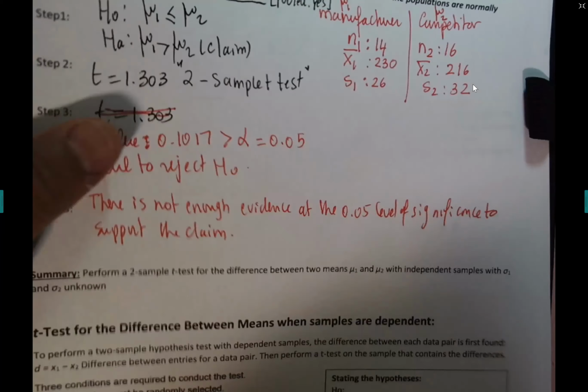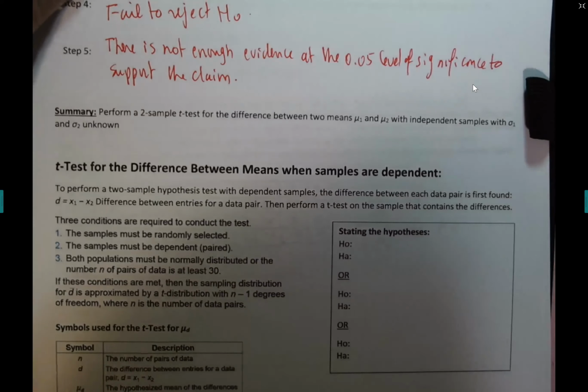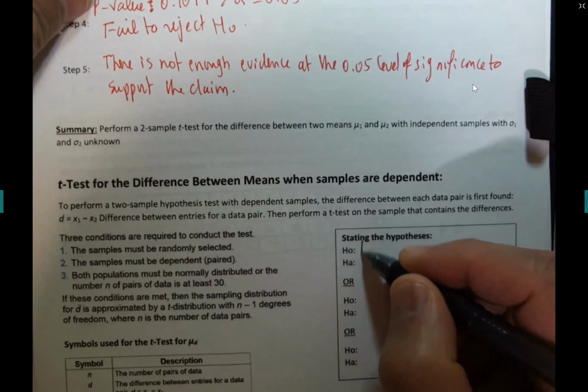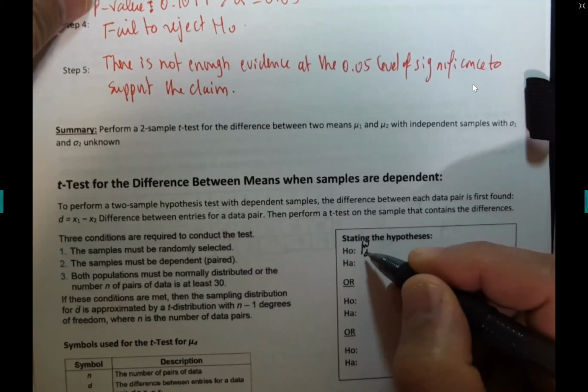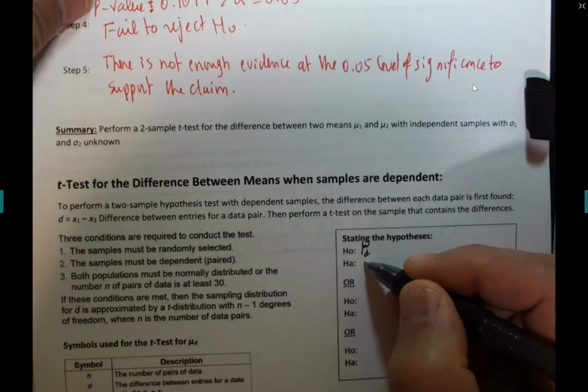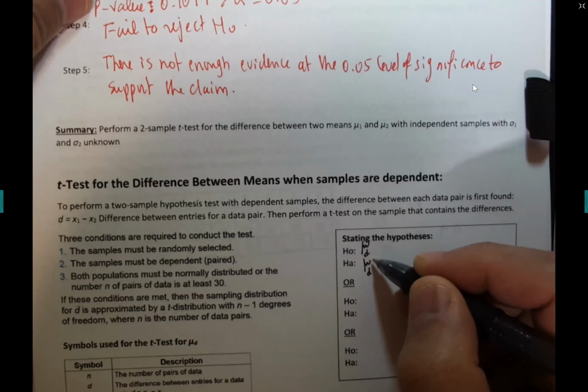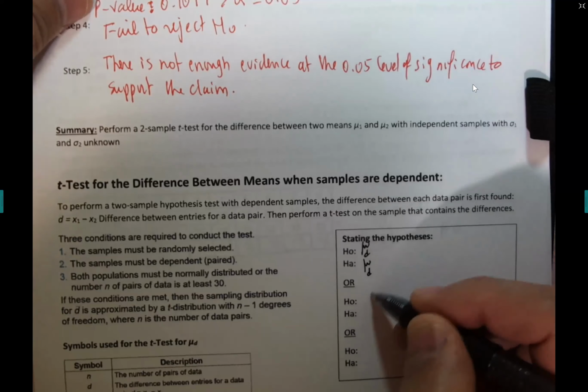And here is how we state the claims. There are three sets of claims, and you have to select one of them. So I'm going to go here, guys, and show you how to state the claims. You put the mean of the difference. And this is how the book uses it: it puts the mean sign and then D, to refer to the difference, because we're using only the difference between two sets.